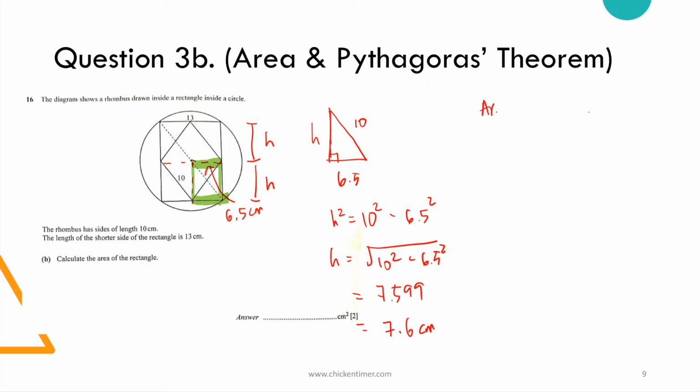So the area of rectangle is equal to 2 times h times 13.